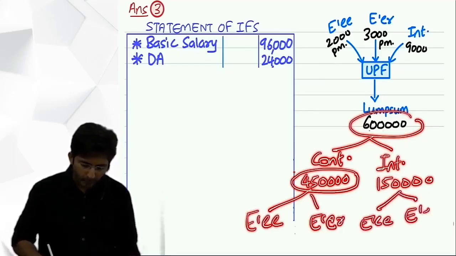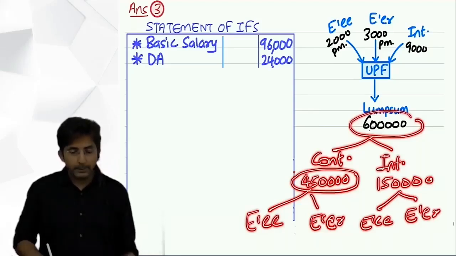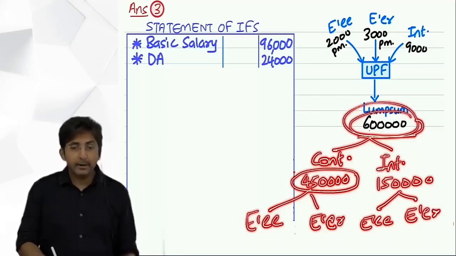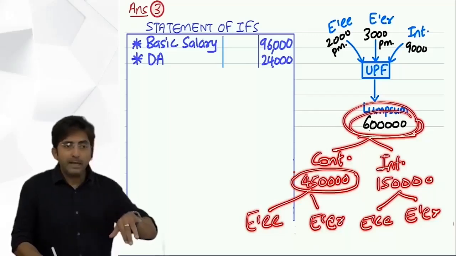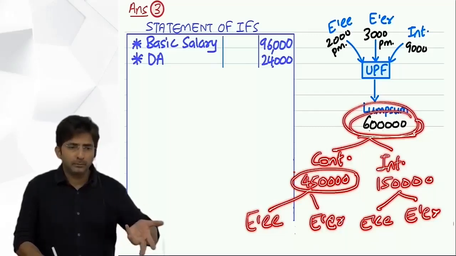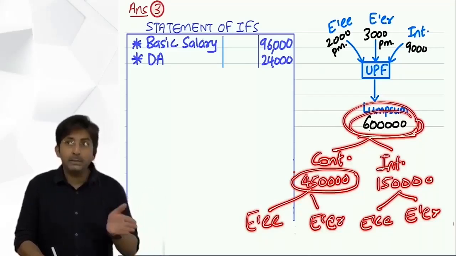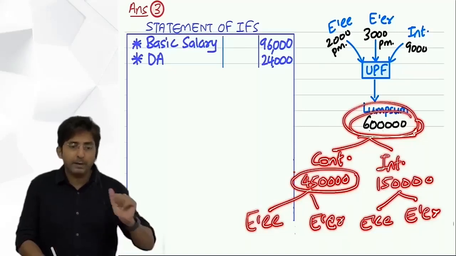How much is employer? But the main breakup, did you see how I did it? From 6 lakhs, they have given interest is 1,50,000. So the remaining 4,50,000 becomes the contribution of both employee and employer. And then you have to bifurcate how much is employee's contribution, how much is employer's. Even in interest, you have to do bifurcation.